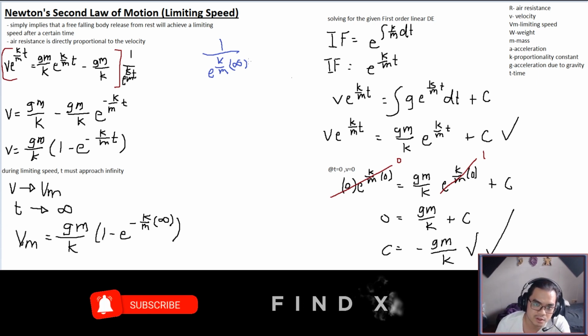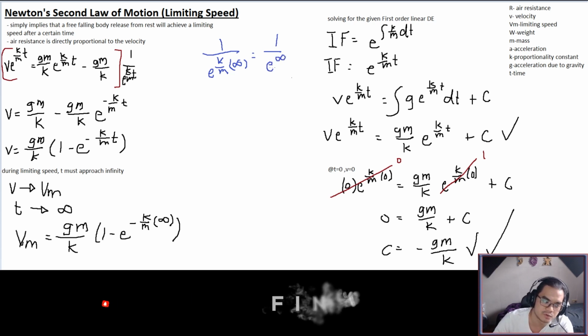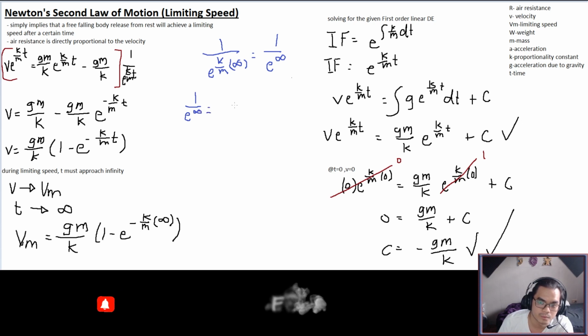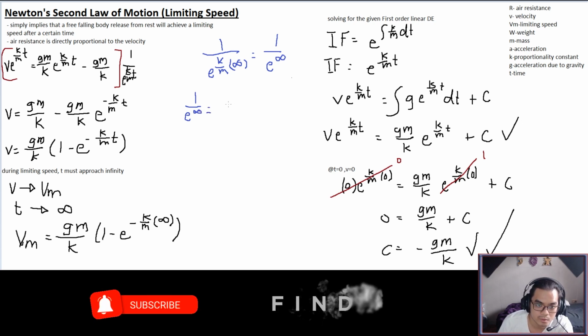So you can also say that this part is 1 over e raised to infinity. So 1 over a very large number is approaching 0.